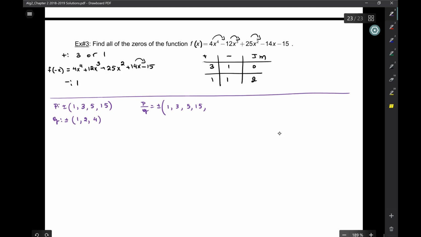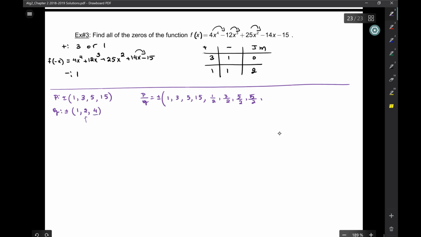All of the P's divided by 2 gives me 1 half, 3 halves, 5 halves, 15 halves. All of the P's divided by 4, 1 over 4, 3 over 4, 5 over 4, 15 over 4.